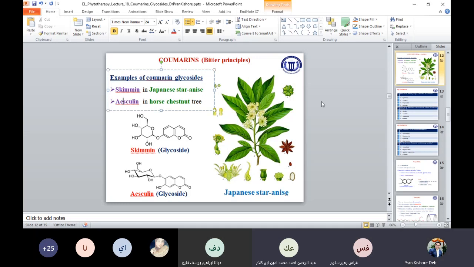What is the function, the purpose of esculene? I explained also just now. Who can answer? It is not written in the slide. I mentioned it. Let me see who remembers. Who knows? Vasoprotective? No. Just now I explained.